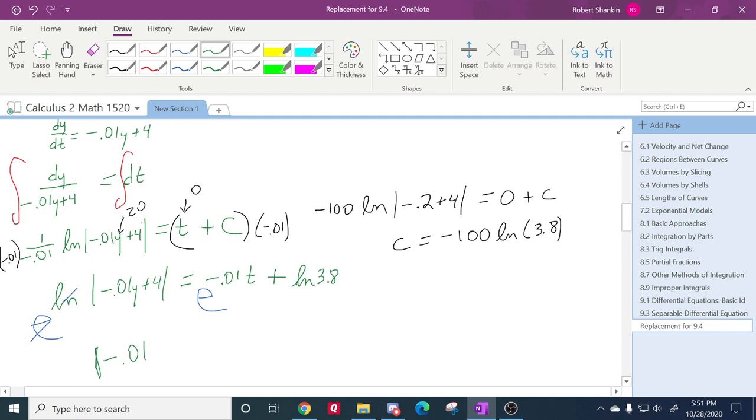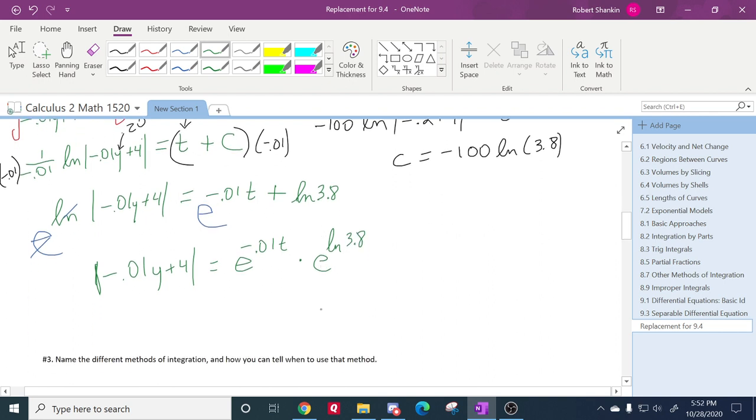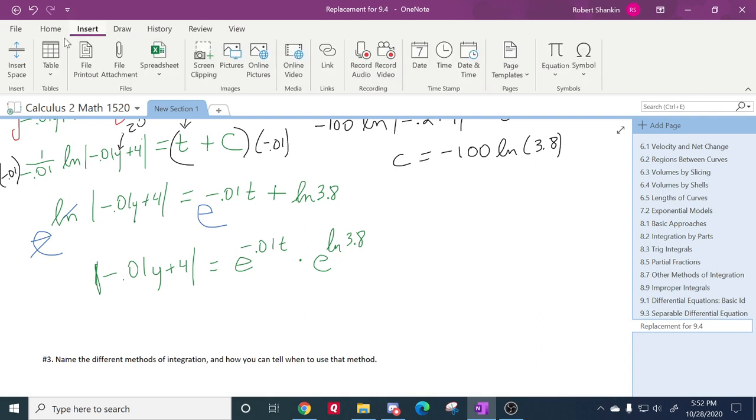It's the absolute value. Now this is going to be times, because remember, when the bases are the same, you just add the exponents.